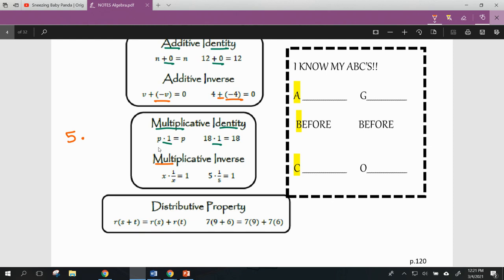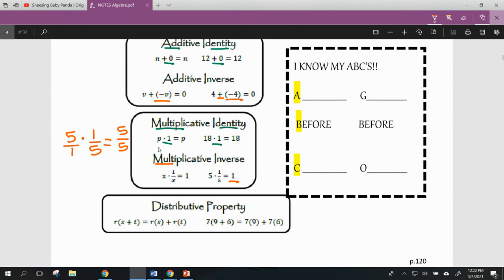That means we have to make 5 wholes into a fraction, which is 5/1. And multiplying by the inverse is taking this fraction and flipping it upside down. When we multiply across, we end up with 5/5, and 5 out of 5 is equal to 1 whole.